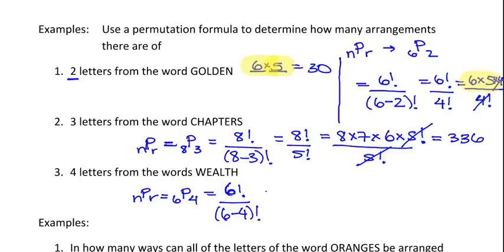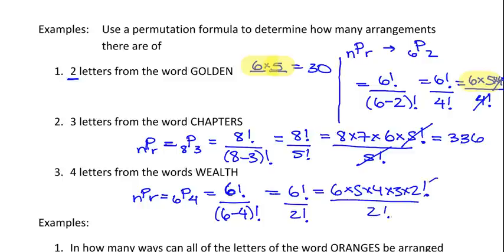This is 6 factorial over 2 factorial. So 6 times 5 times 4 times 3 times 2 factorial all over 2 factorial. So 6 times 5 times 4 times 3 is 360.